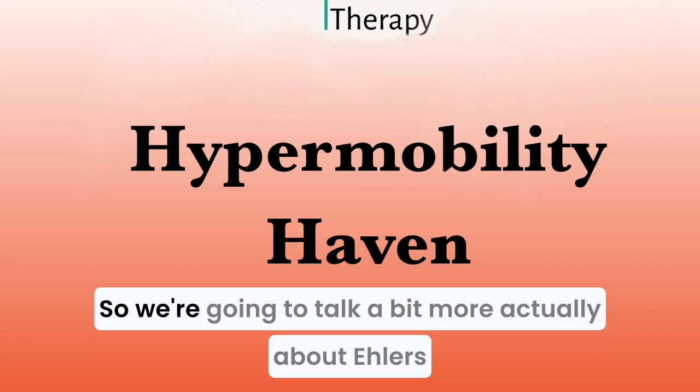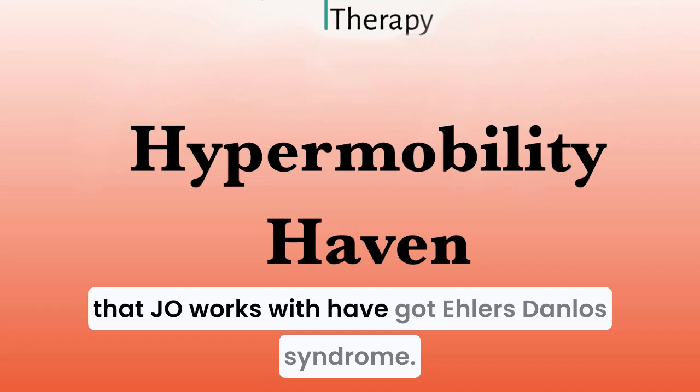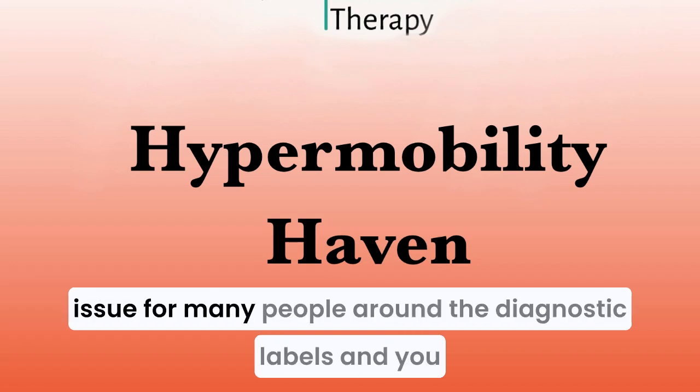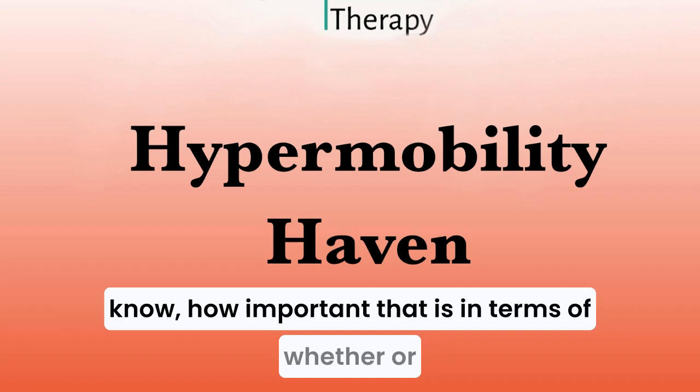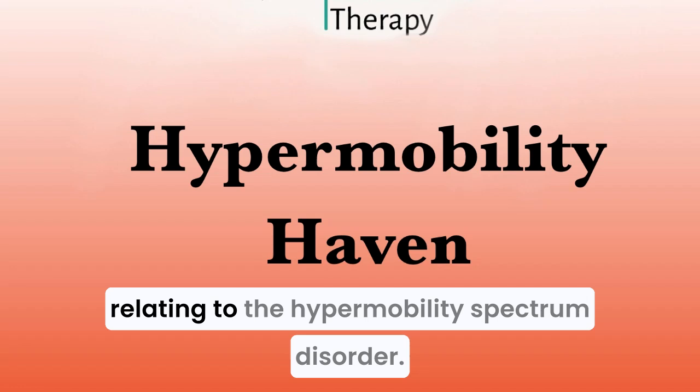So we're going to talk a bit more actually about Ehlers-Danlos in particular, as we know that many of the people that Joe works with have got Ehlers-Danlos syndrome. And there's also obviously an issue, or has been an issue for many people, around the diagnostic labels and how important that is in terms of whether or not they have EDS or if they have something else relating to the hypermobility spectrum disorder.